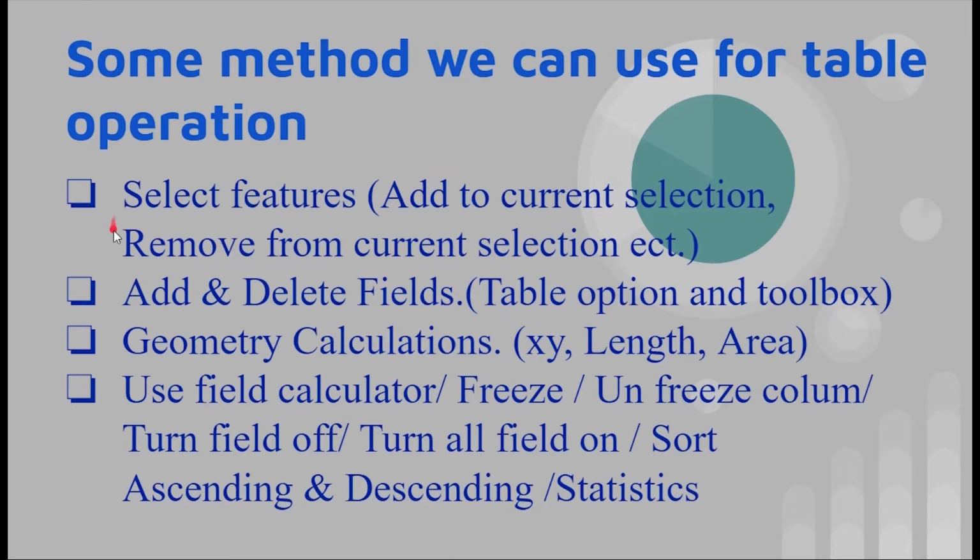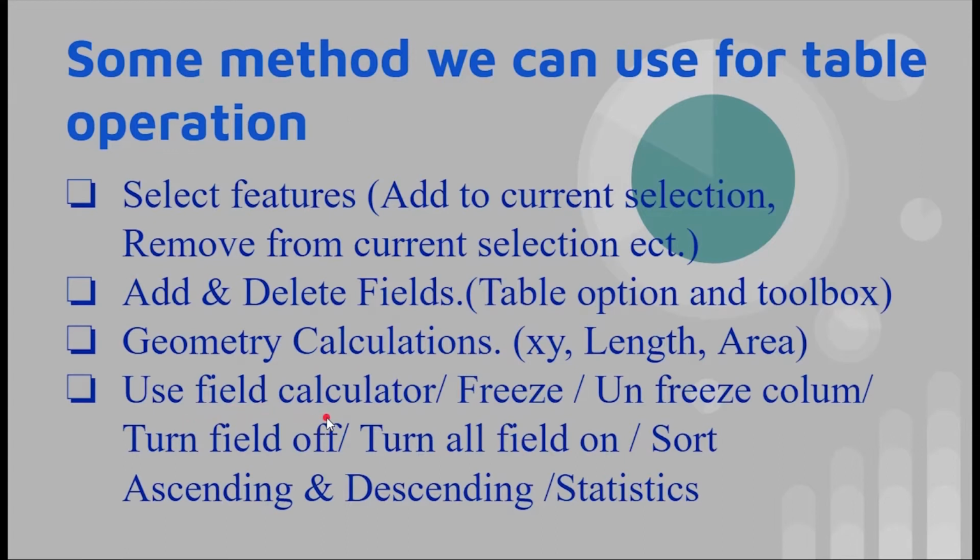Also, I need to explain how to add and delete fields for our table using table options and toolbox. Also, I will explain how to calculate geometry. Here, we can calculate XY locations and length. Also, we can calculate area using geometry calculations. There is a field calculator.